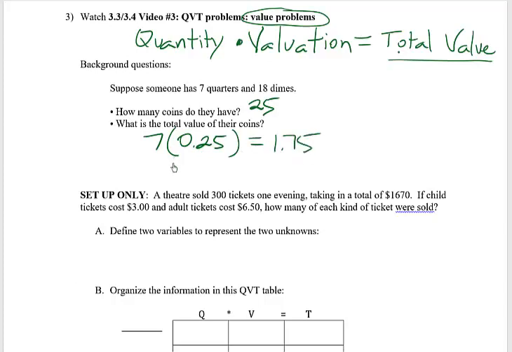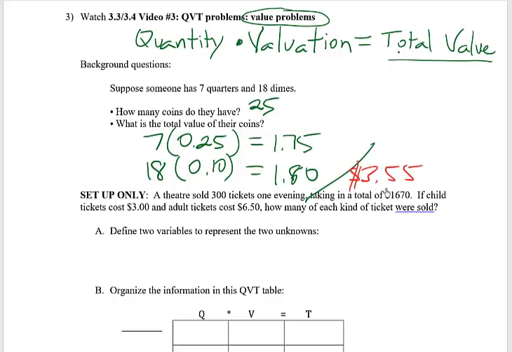And then for the dimes, you'd have to take those 18 dimes and multiply by the valuation of a dime, 10 cents, to get $1.80. And then if you wanted the total value of all that, you'd have to add up those 2 pieces for a total value of $3.55. The point is simply, when you want to talk about some kind of total value, you do how much you have times the valuation to give you that total value.